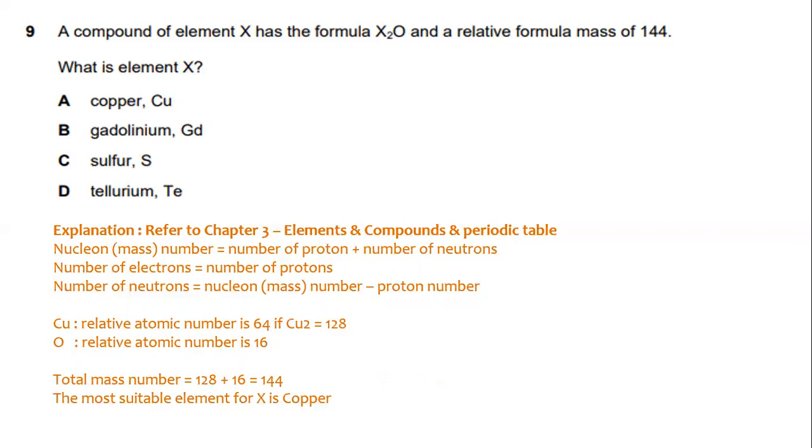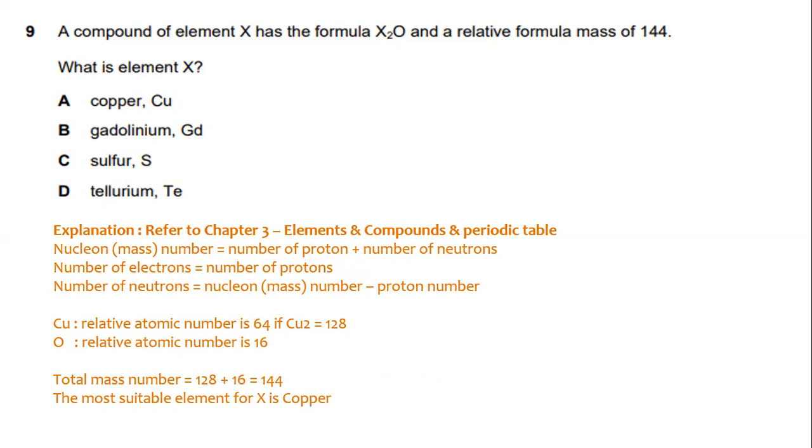X2O means that, let's take the element copper. Copper has an atomic mass of 64. So in this formula, X2 means copper 2, which means 64 multiplied by 2 becomes 128. And you have the oxygen there.